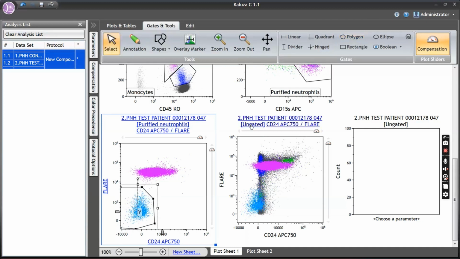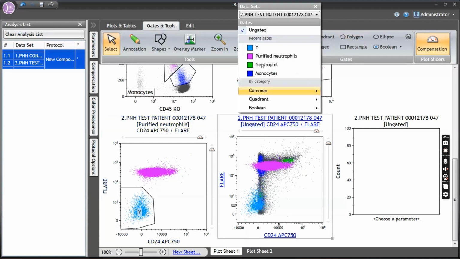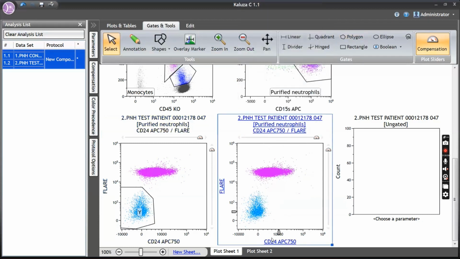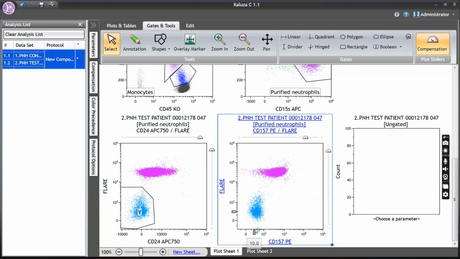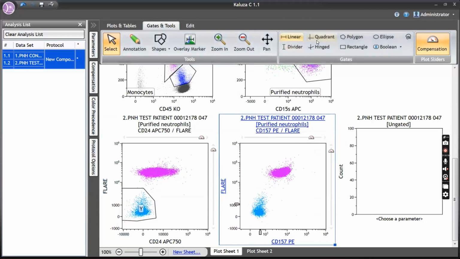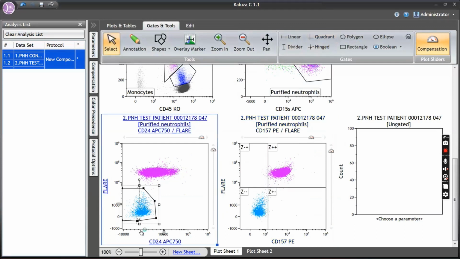So now we will also confirm the same population with another PNH marker which is CD157. Right. So you are finding a small PNH clone of neutrophils which is negative for FLAER, negative for CD24, and it's also negative for CD157.